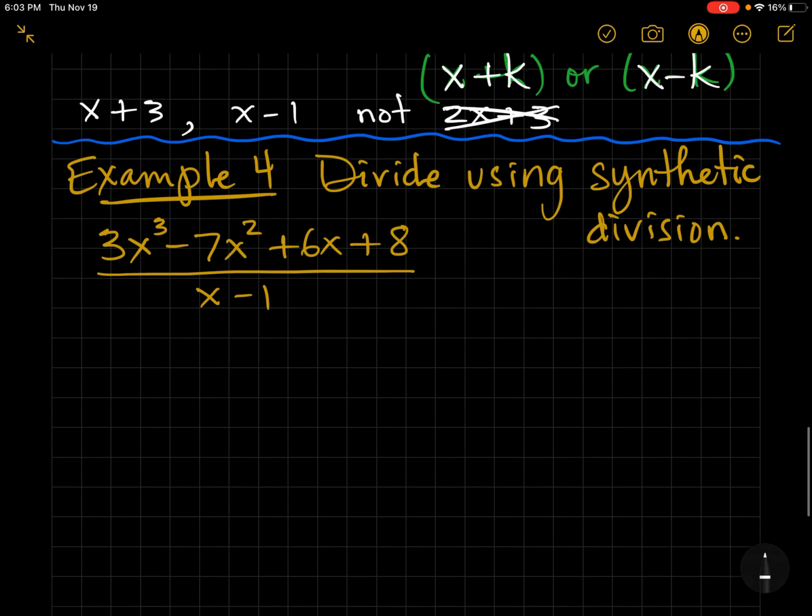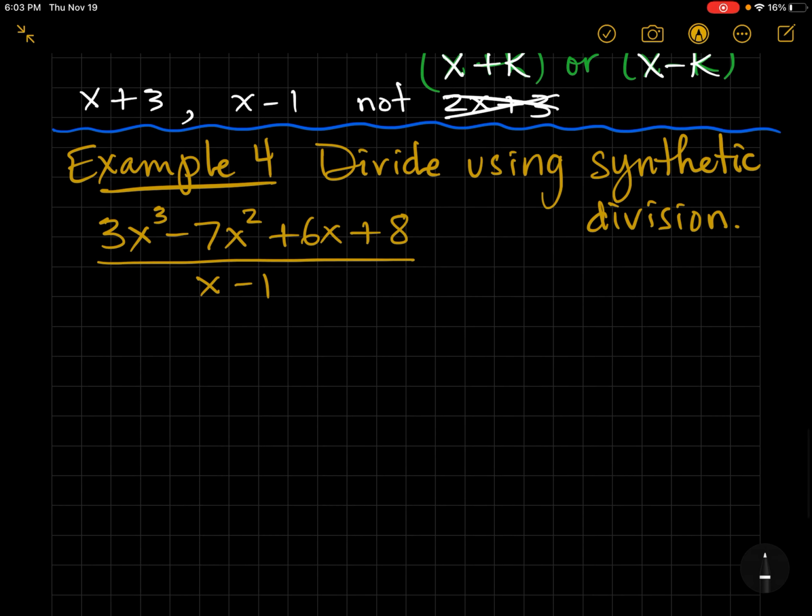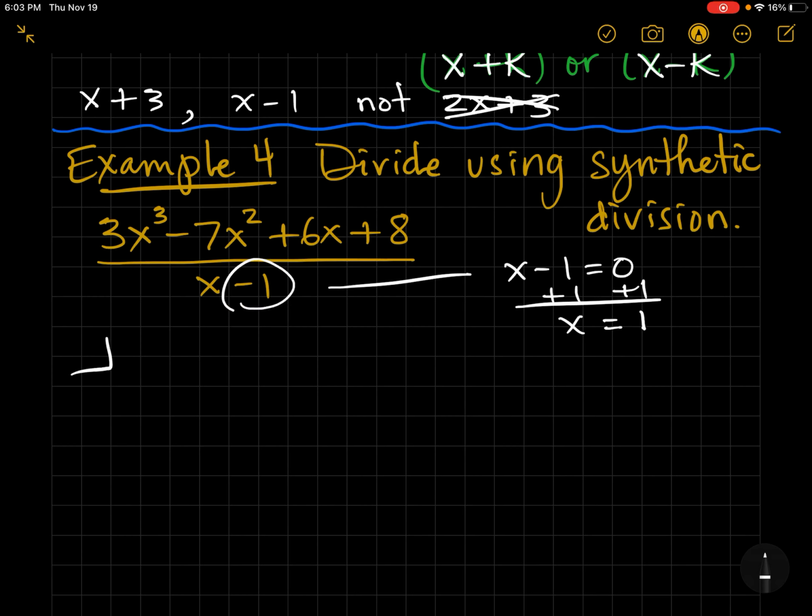Okay, so here's what you do. First, you look at the divisor and you figure out what makes the divisor 0. So x equals 1. An easy thing you can do is just go opposite the sign. Now you take that number and you put it in a little corner. Notice it's like a backwards L or a little corner box.